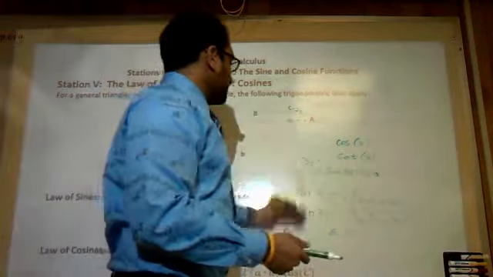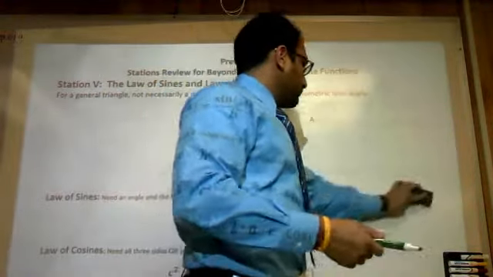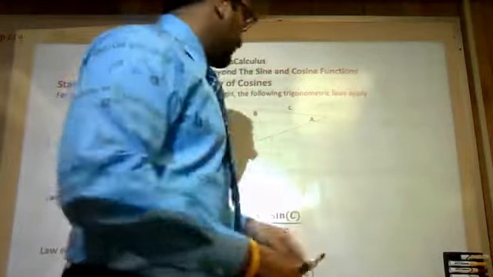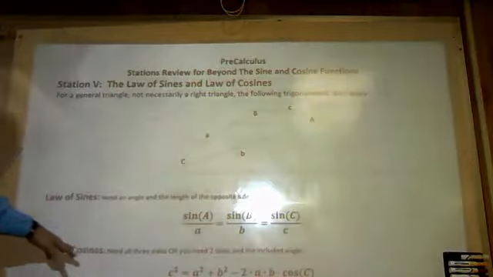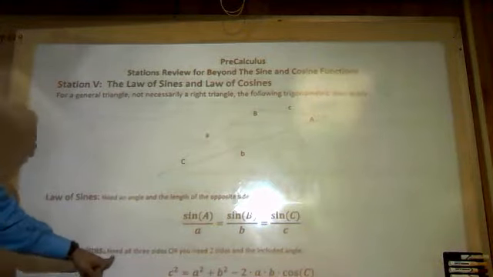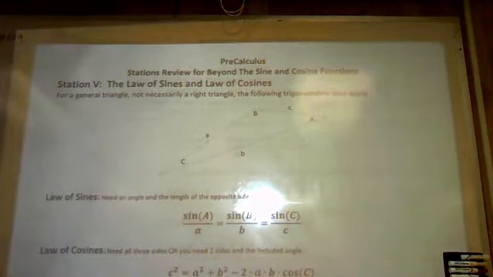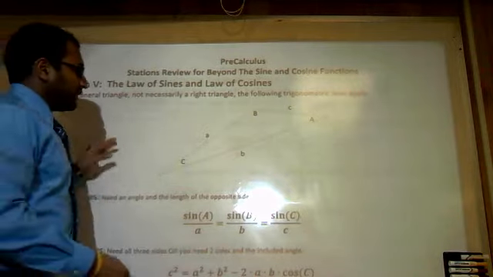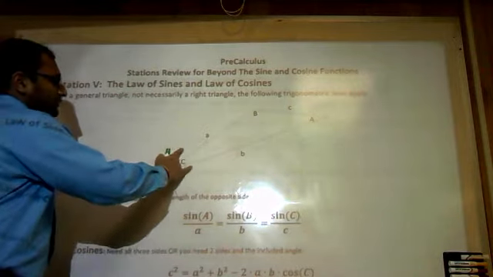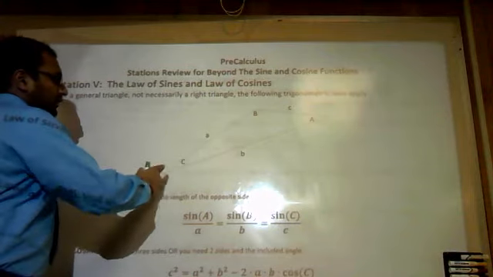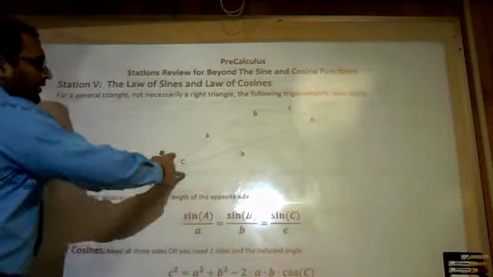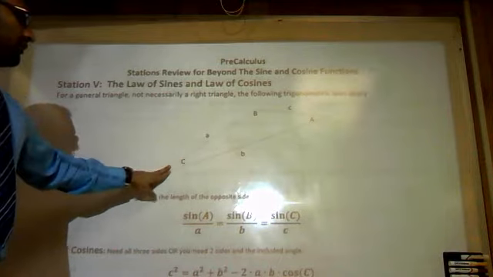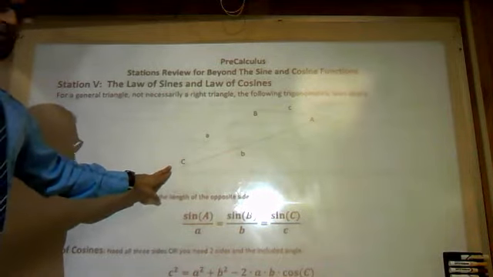So the law of cosines, well, I'll show you when we use the law of cosines with the same example. The law of cosines says that you need all 3 sides, or you need 2 sides and the included angle. Remember from class we said that if you have 2 sides that are connected by a certain angle, the angle in between those 2 sides is the included angle.